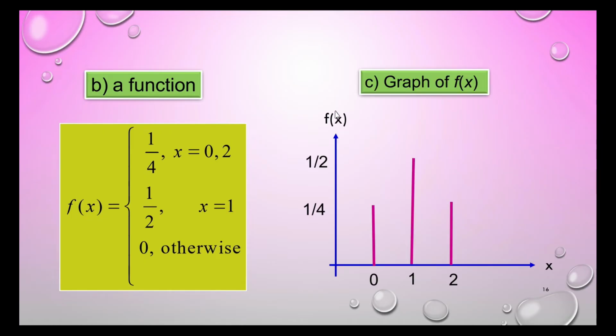The probability distribution function can also be represented by a graph. From the graph, f(0) equals 1 over 4, f(1) equals 1 over 2, f(2) equals 1 over 4.